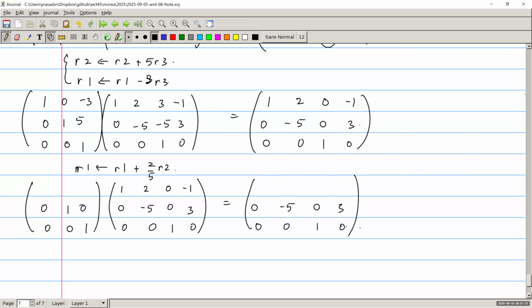And what should I write in the first row of the operator? What should I write here? And I will get 1, 0, 0, and 3 minus 2 fifth.